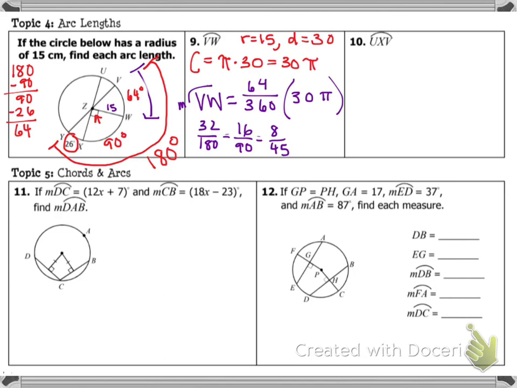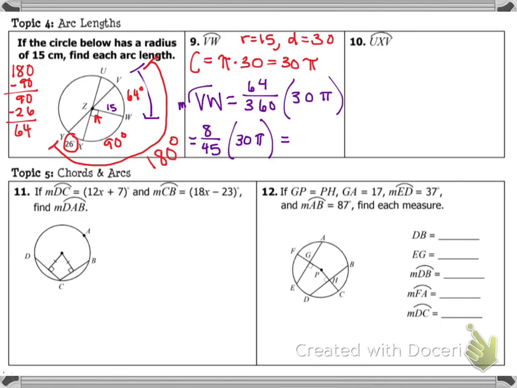So it's the same thing as 8 over 45 of 30 pi. And 8 times 30 is going to be on top. And that's going to get me 5 1/3 pi.